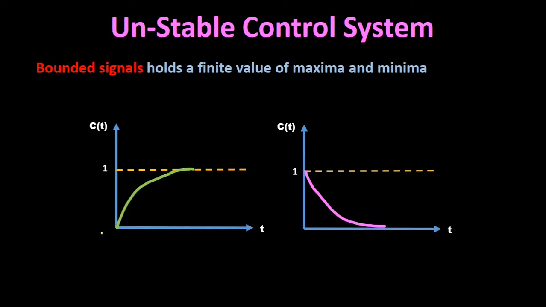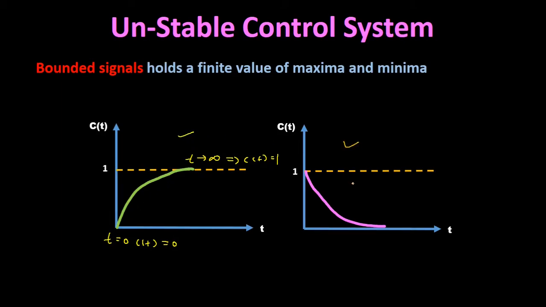So here we can see that the minimum value of this signal exists at t is equal to 0, which is equal to 0, and maximum value of the signal exists at t tends to infinity, which is equal to 1. So here we can see that the minimum and maximum value of this signal is finite, therefore this is a bounded signal.